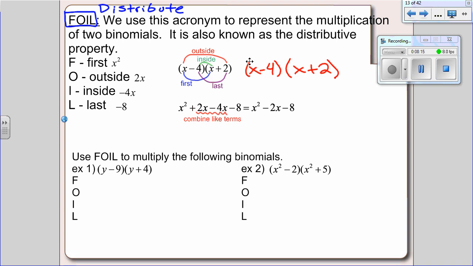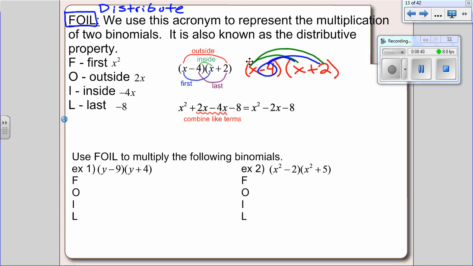So I take my x and I have to distribute it into the brackets. So it goes to x and the 2. I also have to distribute negative 4 into the brackets. So it's still the same thing as yesterday, it's just that you have multiple things that you're distributing into the other brackets.